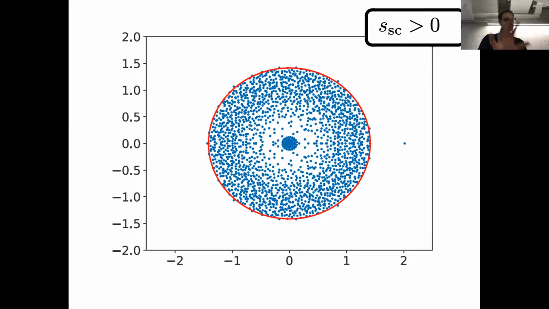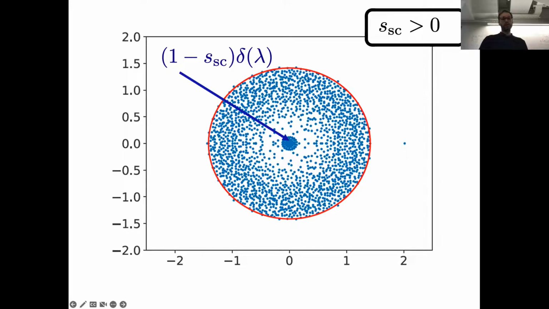So this is an example of one matrix. The blue dots are all the eigenvalues of this matrix. In the center, there's a delta peak. And the weight of this delta peak is given by the fraction of nodes that do not belong to the largest strongly connected component.